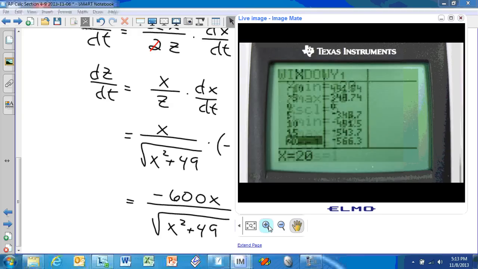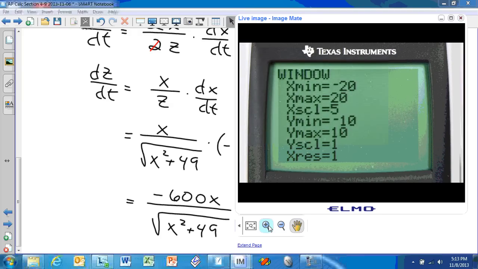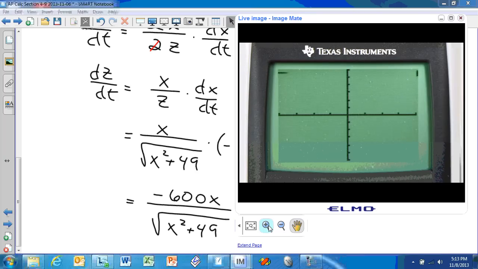So looks like if we go from negative 600 to positive 600. Let's graph that. So there's our sketch of this derivative function that represents the rate of change of that line of sight distance.